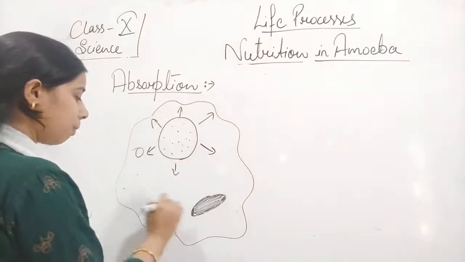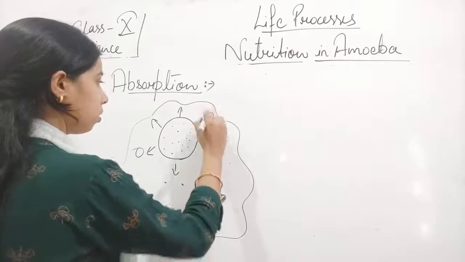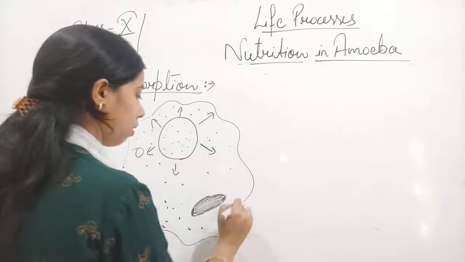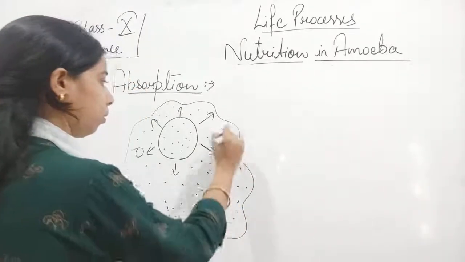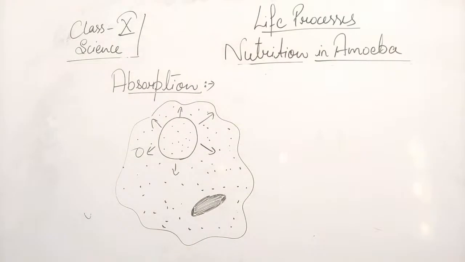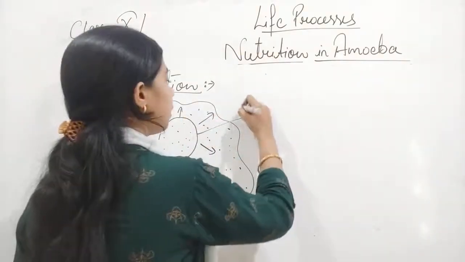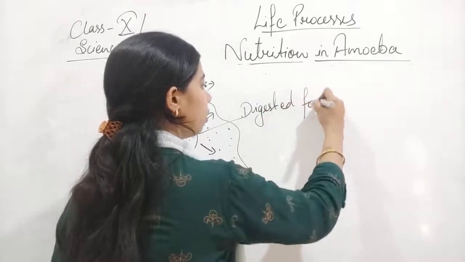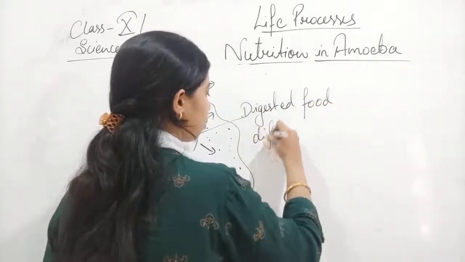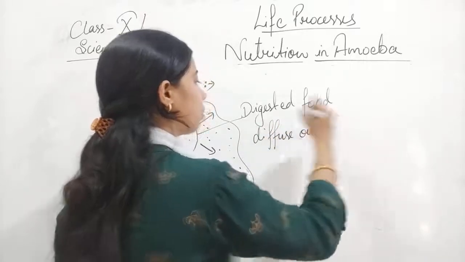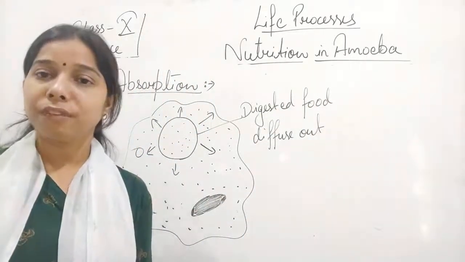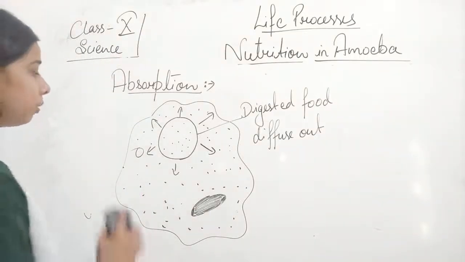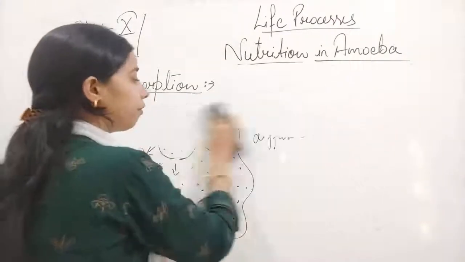Here again cytoplasm is there, students. So we can write: digested food diffuses out. Okay, so this is about absorption in the amoeba.